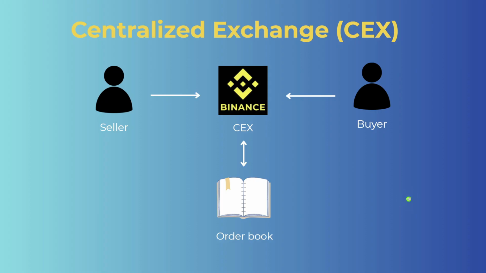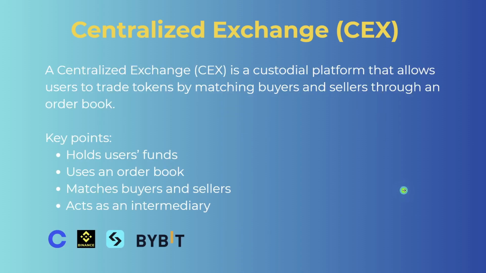So let's start by talking about a centralized exchange, a CEX. A centralized exchange is a platform that allows users to basically trade tokens by matching buyers and sellers through an order book.